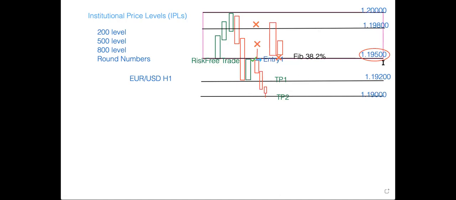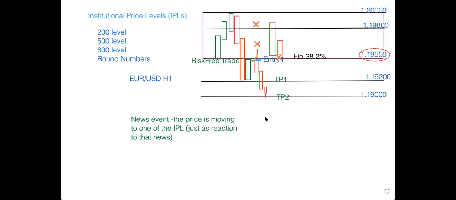Even if I want to be more specific, sometimes when you have a news event, the price moves to one of the IPLs just as a reaction to that news.